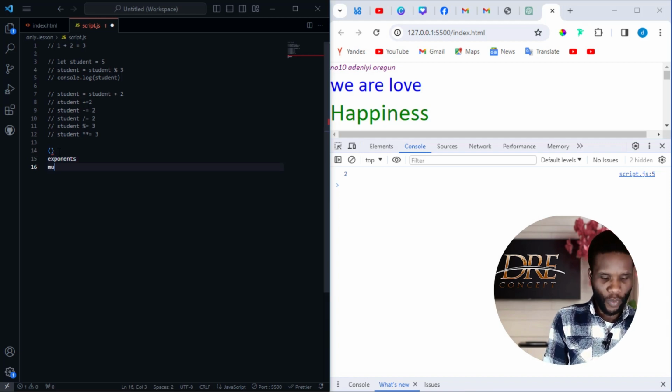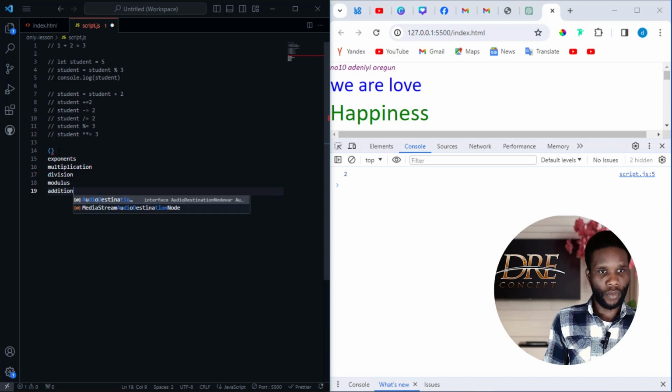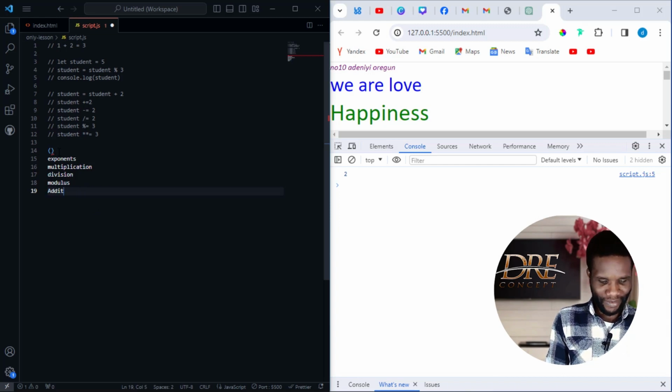Then the next one is your multiplication, followed by division, followed by the modulus operator, then the addition, and the subtraction.